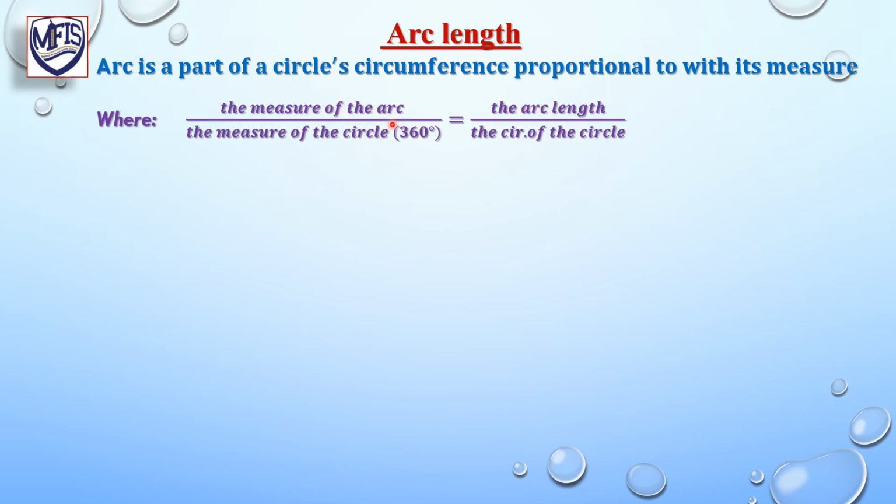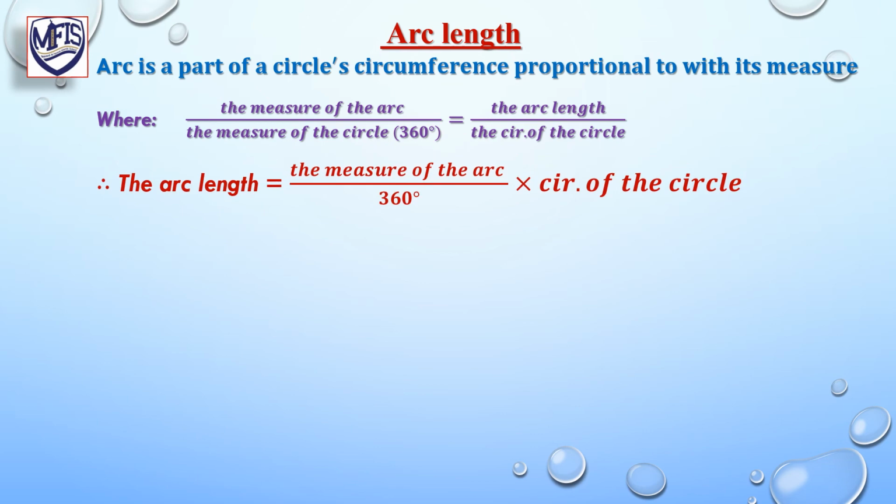Measure of arc over 360, part of the measure of the circle, equals length of arc over the circumference of the circle. Length over the circumference, part of the circumference. So, measure arc over 360 equals length arc over the circumference of the circle.